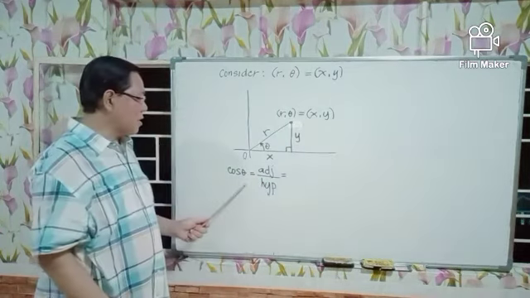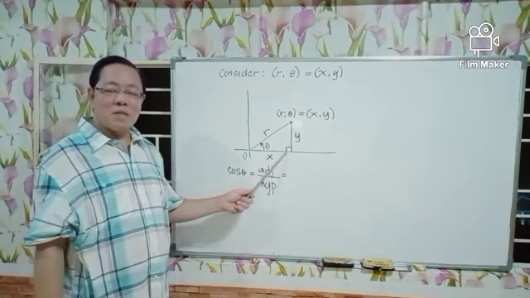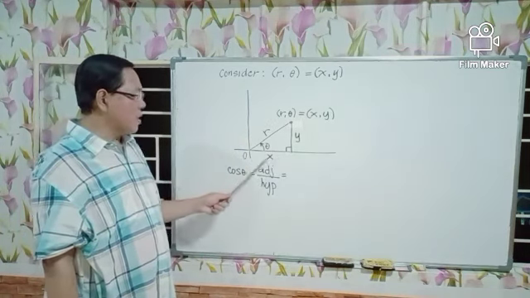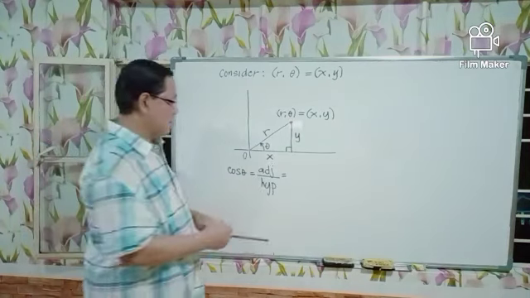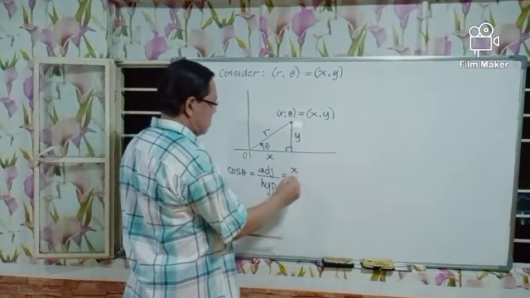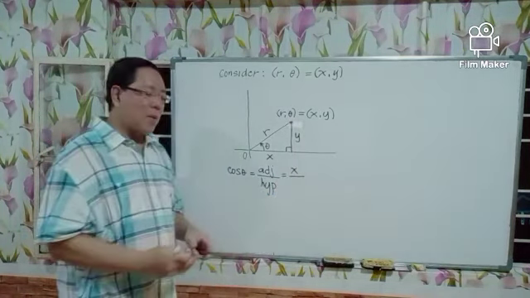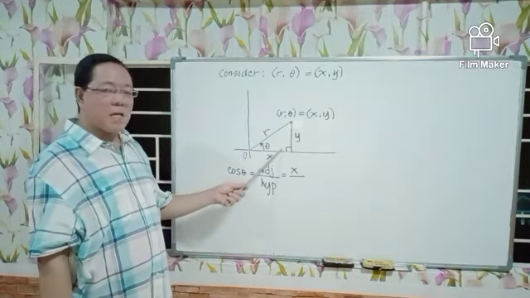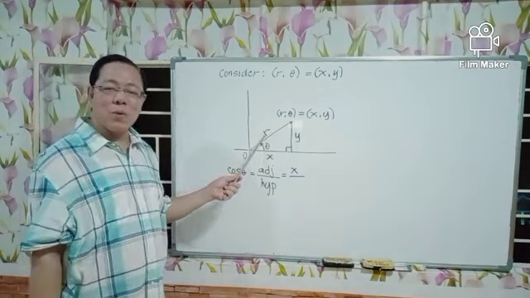And the side adjacent to theta, or the side of the right triangle that makes the angle theta with the hypotenuse, is x. And the hypotenuse is the side opposite the right angle, which is equal to r.